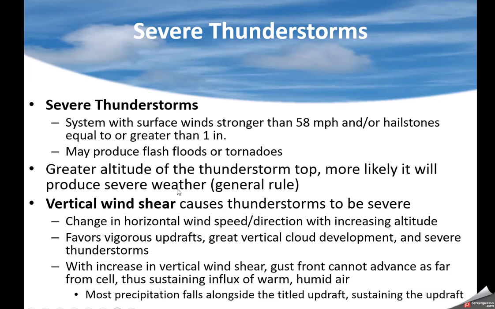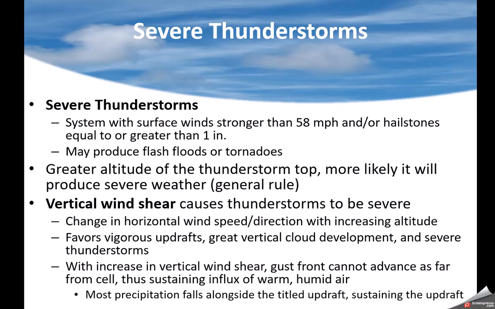The reason you need vertical wind shear is that change in direction keeps these updrafts going upwards instead of to the side, and it does not allow that cold air that comes down behind the thunderstorm, produces an outflow. That outflow cannot go out ahead of the thunderstorm. When it does, it begins to kill the thunderstorm.